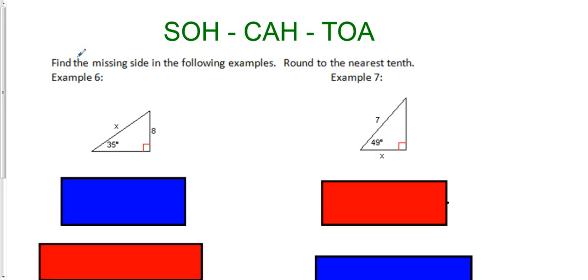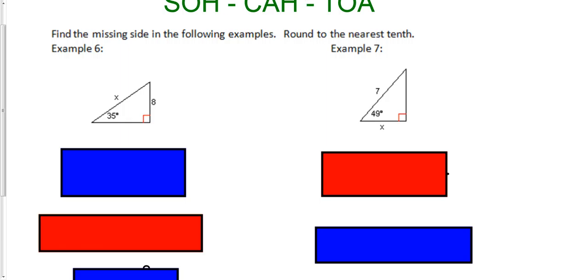Now our example says find the missing side in the following examples and then round to the nearest tenth. So here we have an angle that is 35 degrees. Now from this angle we are looking at two different sides. Now here is the right angle. So this side over here is our hypotenuse.